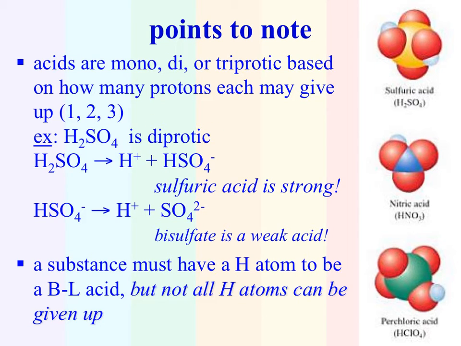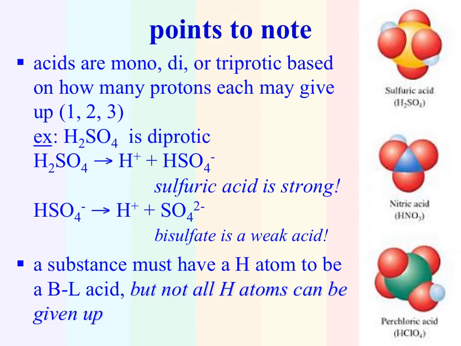It means that it has 2 protons that it is capable of donating. The first proton that it can donate is shown here in this ionization process. You get this proton and the HSO4 minus ion. This initial production of these 2 ions is a very strong process. So this dissociation of sulfuric acid is very strong.